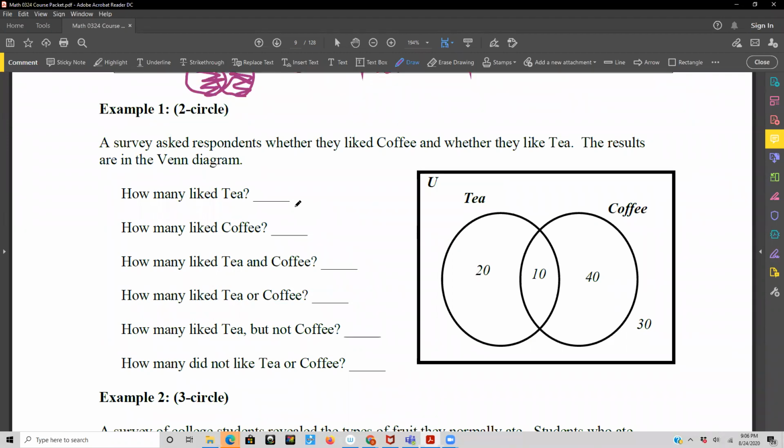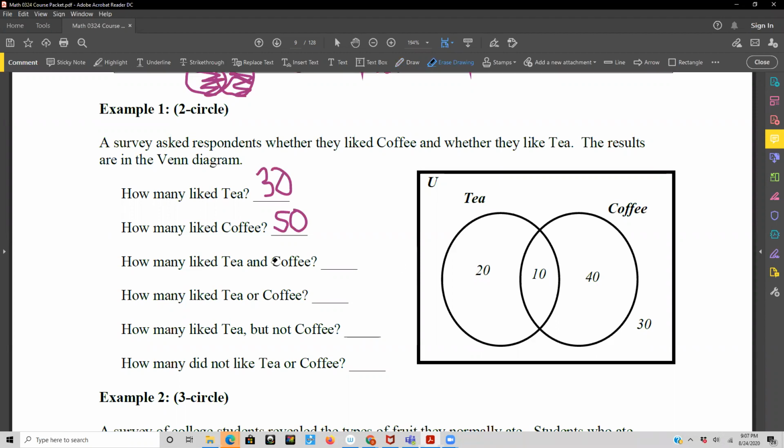So we count the 20 in the one circle plus the 10 in the other, so that's 30. Now think for a minute, how many like coffee? I get 50, because I added 40 and 10 to get my coffee drinkers.